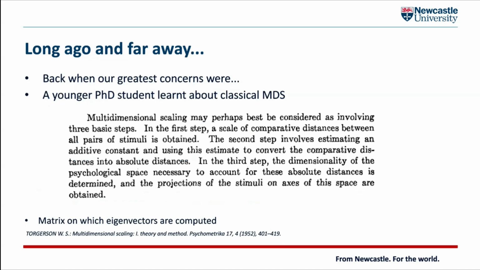So let's go back to the 50s or 90s when I was reading some of this stuff. Here is part of a description of classical multidimensional scaling. In classical multidimensional scaling, you construct a matrix related to high dimensional distances. You have points in a high dimensional space, and you construct a matrix that corresponds to these high dimensional distances.